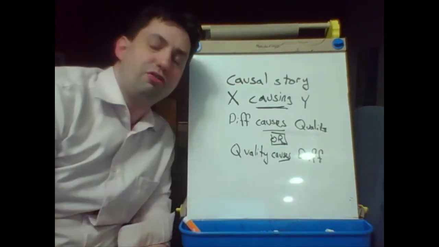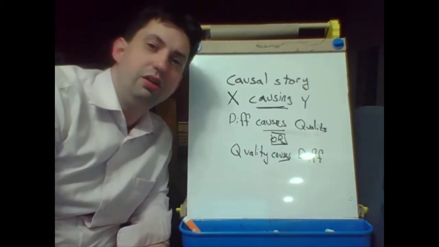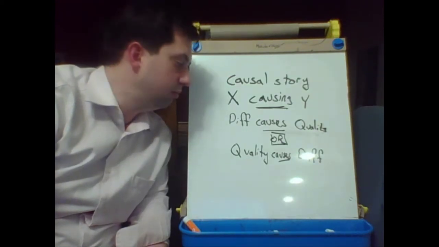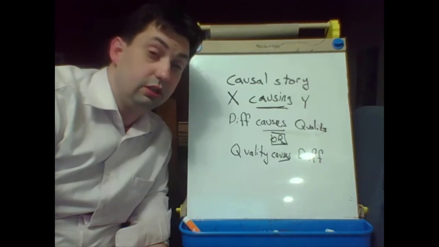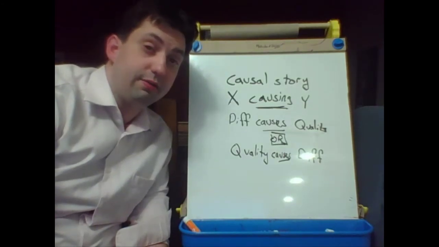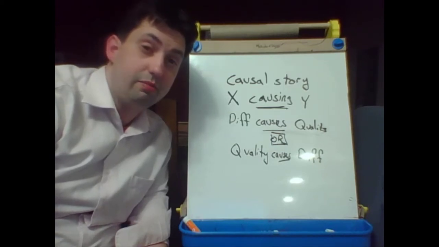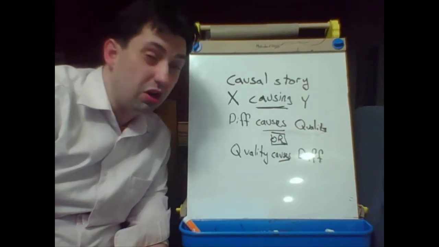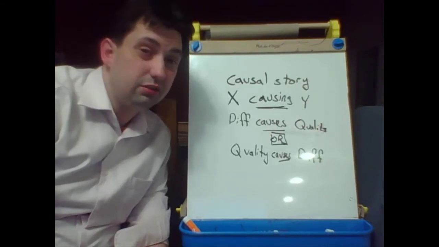We need some sort of logical story that would justify why quality would cause difficulty. So take a moment and try to think of some logical reason why that would be. Why does it make sense that quality causes difficulty?